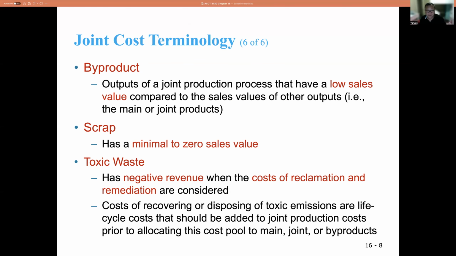Toxic waste has negative revenue. It probably will cost you money to do the remediation, right? So a byproduct has a low value, scrap almost has no value, and toxic waste has negative value. These are the terminologies when we speak of the joint cost.